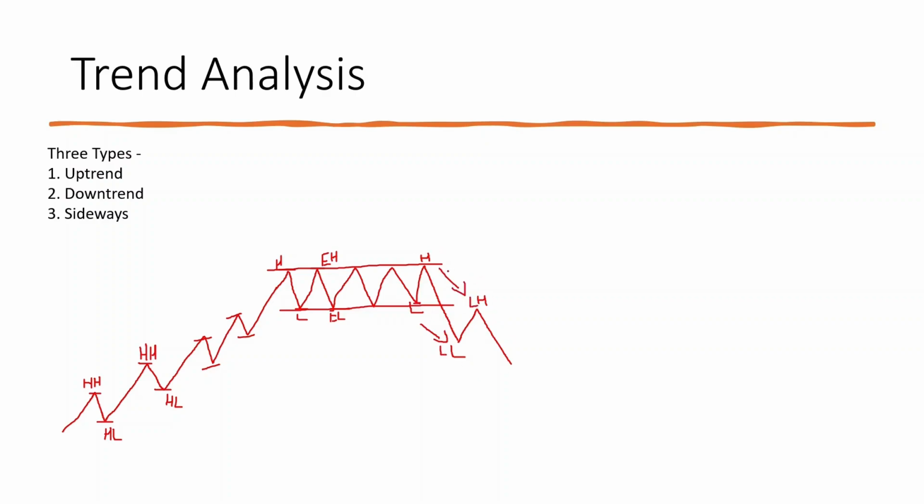These are the characteristics of a downtrend, and the downtrend typically continues like this, where the market keeps forming lower high and lower low, again lower low, lower high, until this structure gets broken, and then the market again forms an equal low and an equal high.